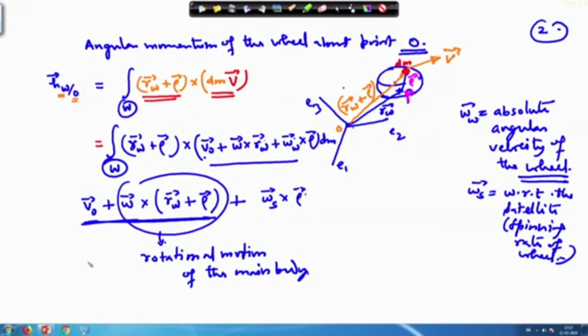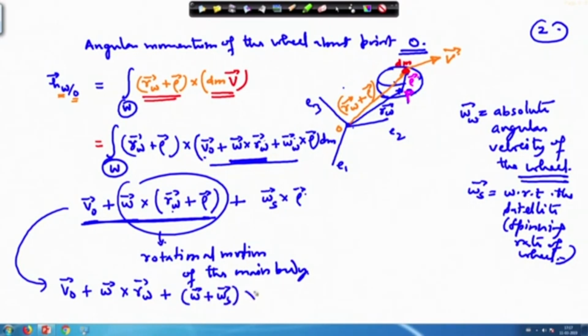Okay. Now, if we break up this particular part, this becomes v 0 plus omega cross r w, where r w is the distance to this point, which we have already written, which appears here in this place also, and plus omega s cross rho, we can write it like this.